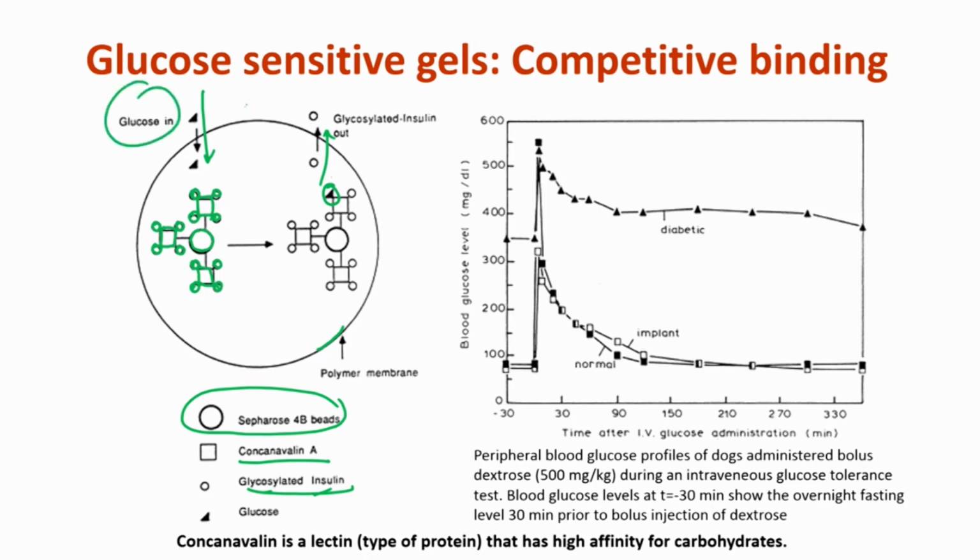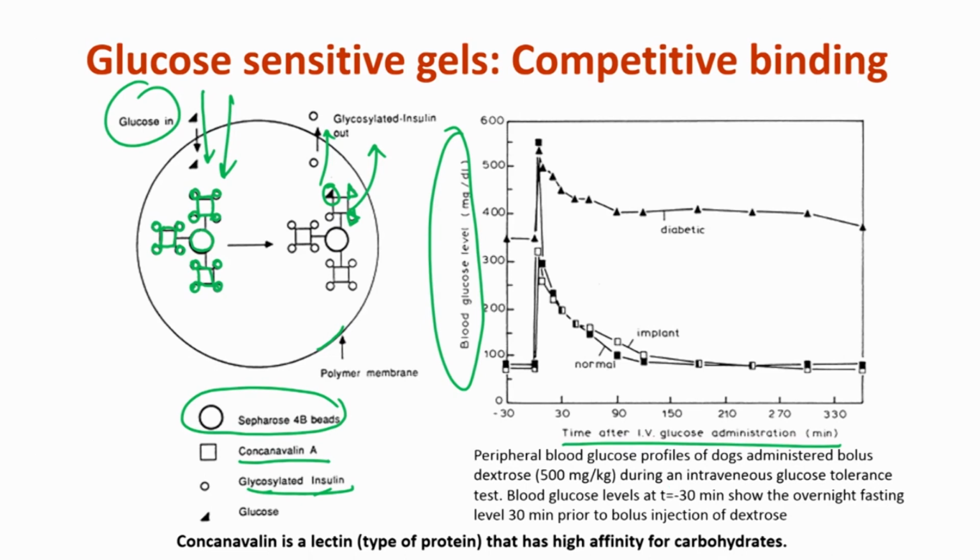As more glucose comes in, it replaces more and more glycosylated insulin, so you have more and more insulin coming out into the system, and as the glucose level decreases, this rate will also decrease. So, here is some data on that. You have blood glucose level on the y axis, and the time after the glucose was externally administered on the x axis.